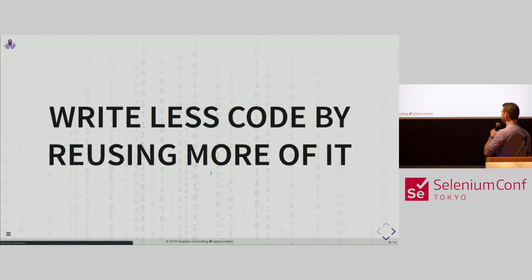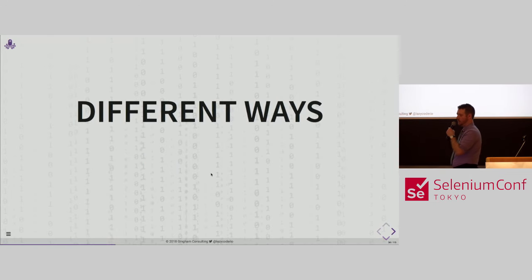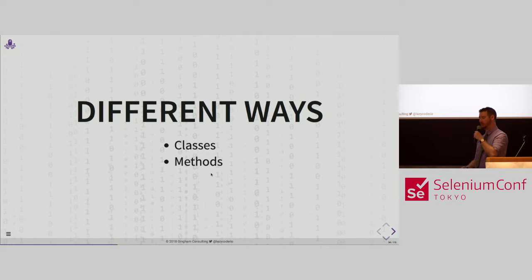And that's why we do methods, and that's why we're amazing programmers. So, there's a few different ways to insert abstraction within your test framework. You can do it by classes, do it in methods, and you can do it with parameters within reason.